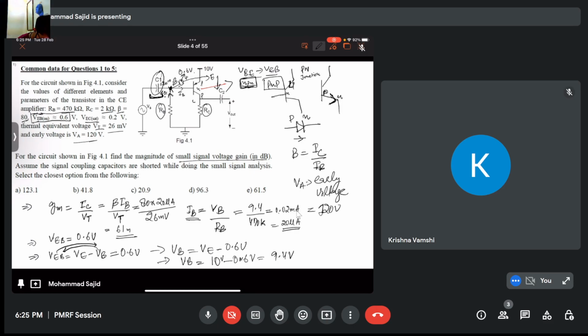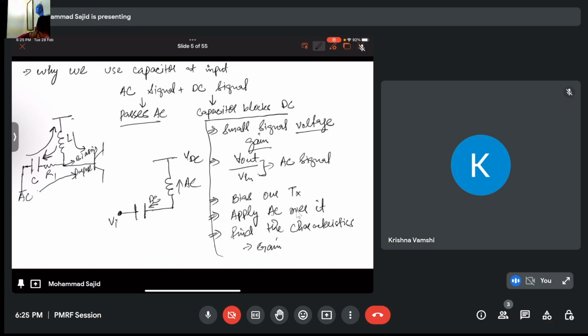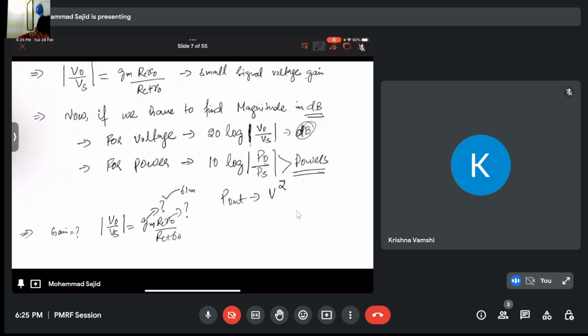Okay, so this is the value for GM. Now we have GM. What else we need? GM we got, that is 61 milli. Now we need R0. Again, let's go to this R0. What is given to us is again early voltage. So let me just write it here. GM we got as 61 milli. What is the definition of R0? R0 is simply VA by IC. So that will be VA by beta times IB, right?